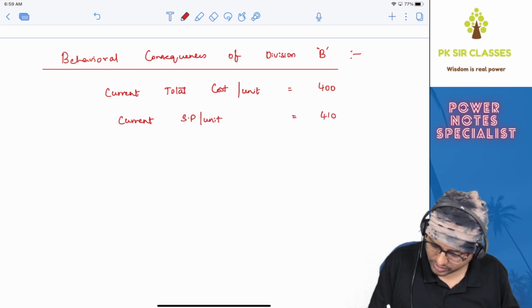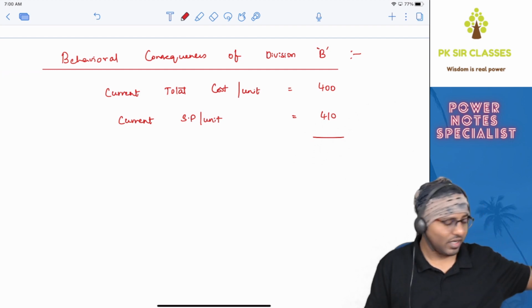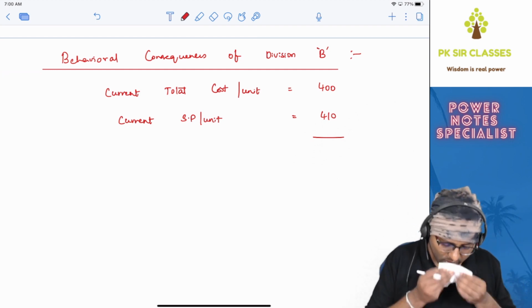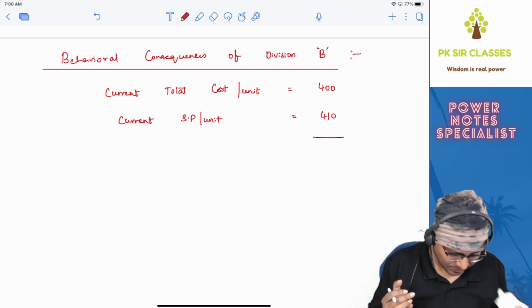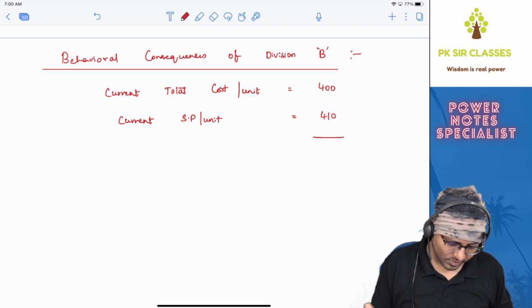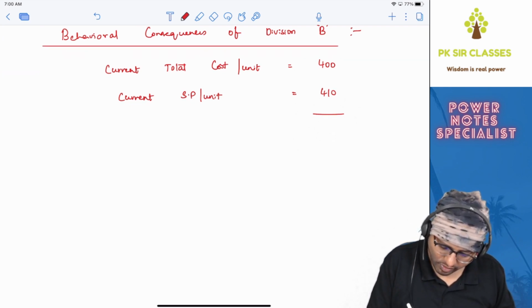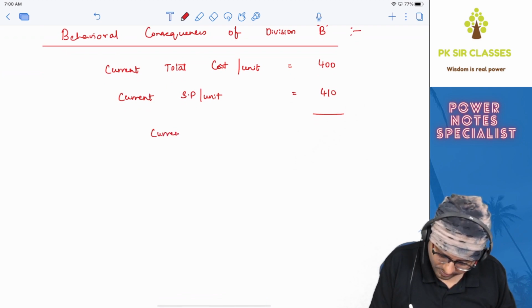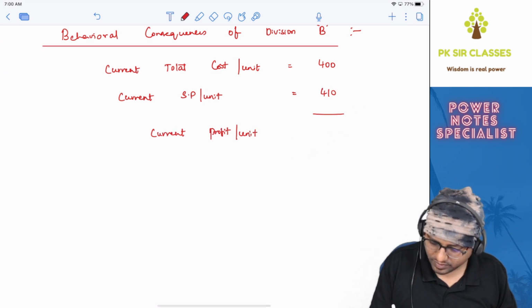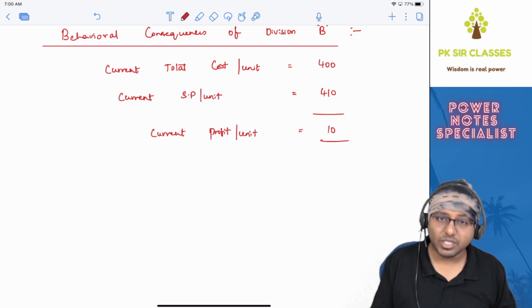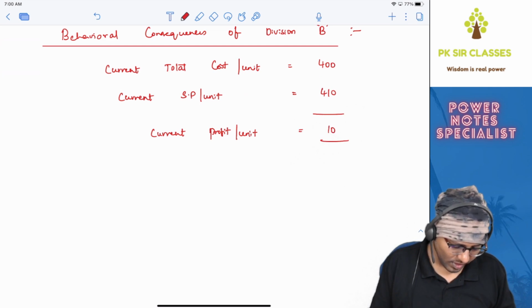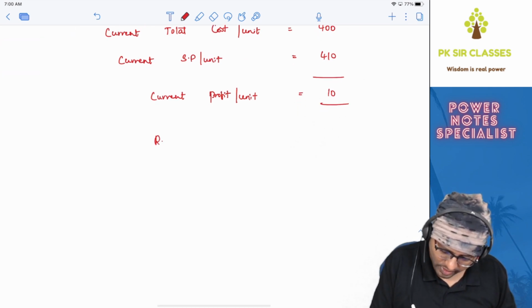Pick the numbers from the question. Okay. Current selling price is there. Current total cost is there, right? So, what else? Current profit per unit. Obviously, very less, which is how much? 10.